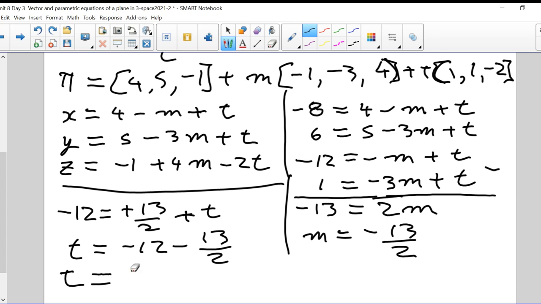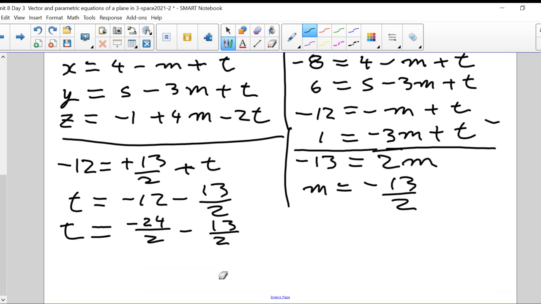So t, if I put this as minus 24 over 2 minus 13 over 2, works out to be minus 37 over 2.